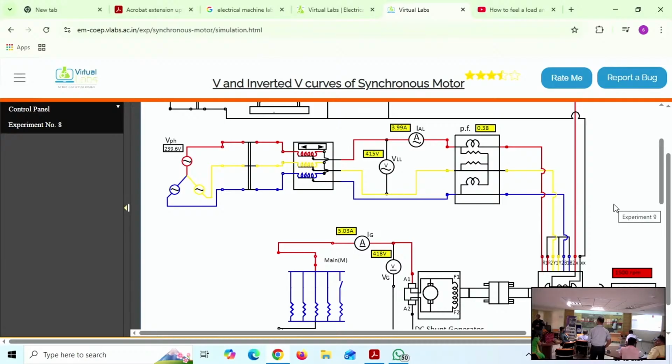Not a problem, you have to do it, because the total power consumption is nothing but W1 plus W2. At some point it is zero, which means it is negative, so you have to calculate, because the power factor decides the reading of the wattmeters. So power factor depends upon the excitation. You are varying the excitation, keeping the load constant.